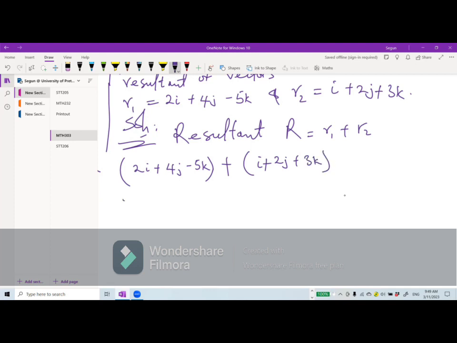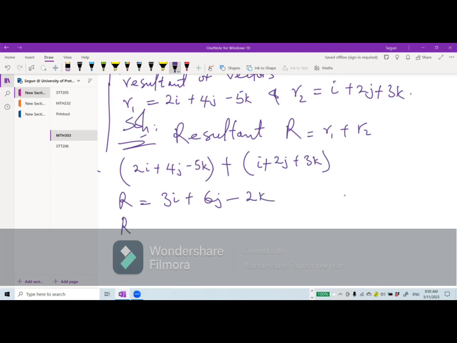So at the end of the day, the capital R, which is our resultant, will be 3i plus 6j minus 2k.